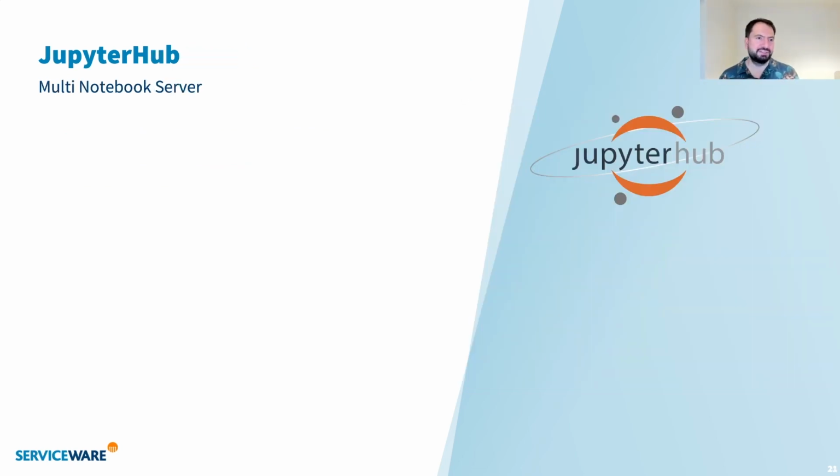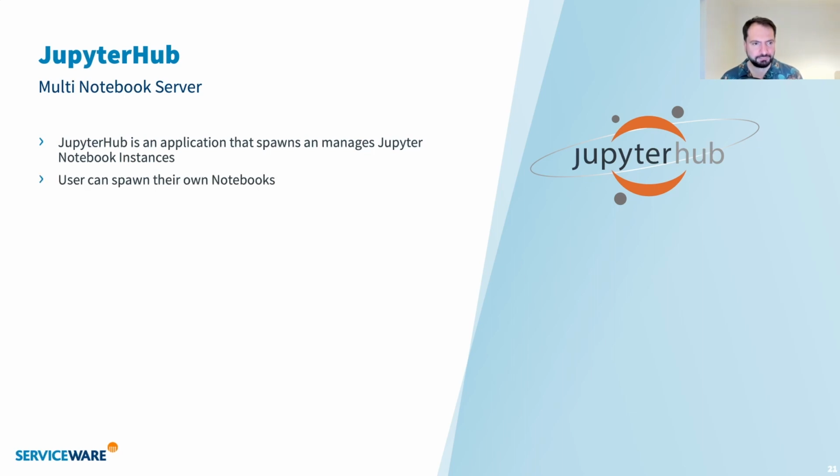Therefore, there's also a solution. It's called JupyterHub, which is a multi-notebook server. JupyterHub itself acts as an application that spawns and manages Jupyter Notebooks for you. So every user who logs into JupyterHub gets their own notebook, and therefore you don't have any conflicts, and you can do even better resource sharing.